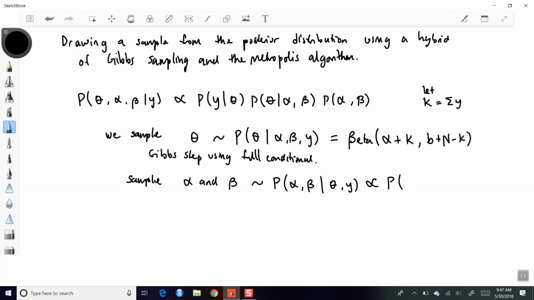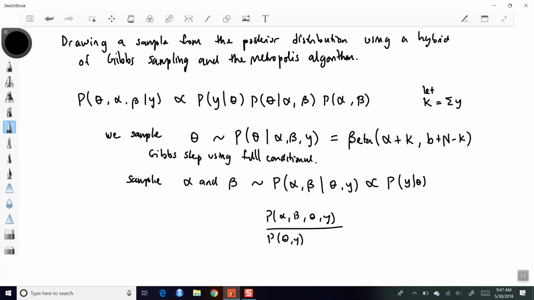So this will also be proportional to y given theta. Let me think. Sorry. Alpha, beta given theta and y will be the joint of everything, right? Alpha, beta, theta, y divided by the probability of theta and y.